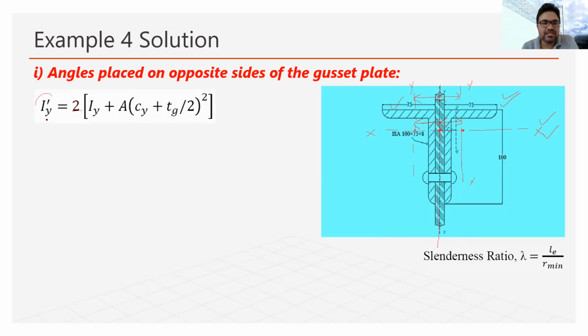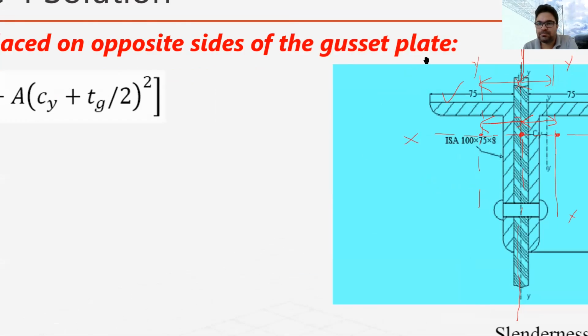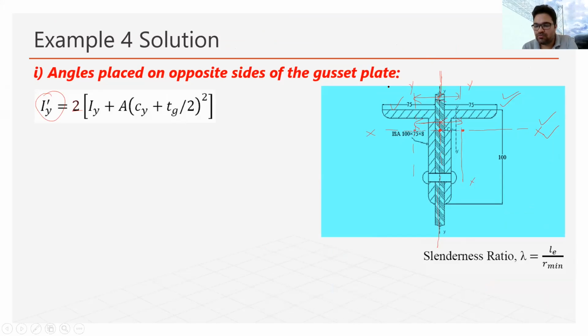So Iyy is the moment of inertia of the whole assembly about the y-axis. So we are considering this main y-axis. I am writing this as Y, and these are the small y. So about the y-axis, we have to find that.